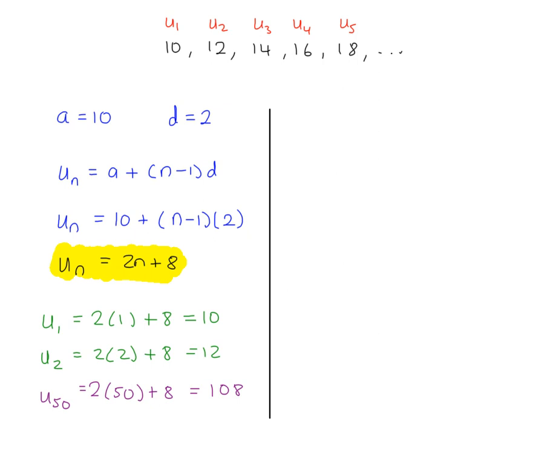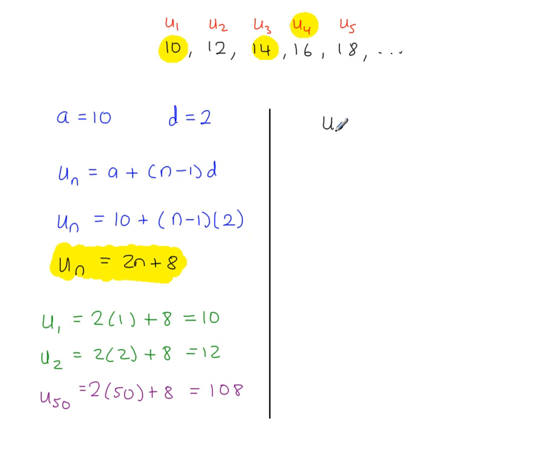An alternative way of generating this sequence is to say that if we take any term and add 2, we get the next term. So for instance, if I want the fourth term, I take the third term, the term before, and I add 2. So we can write this mathematically like this.